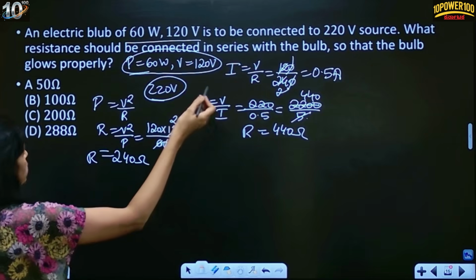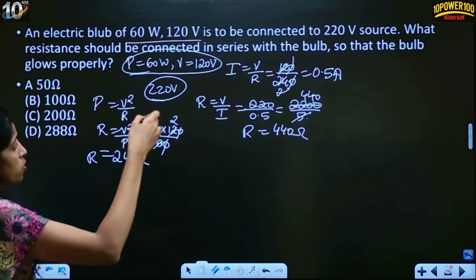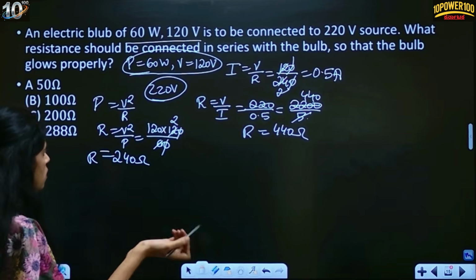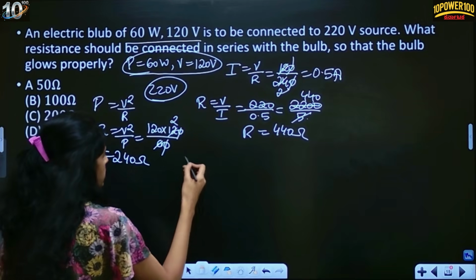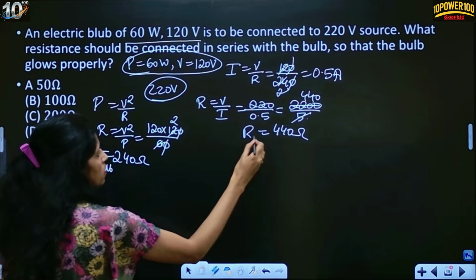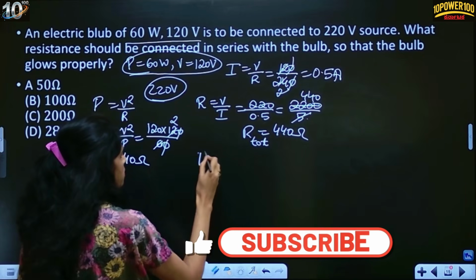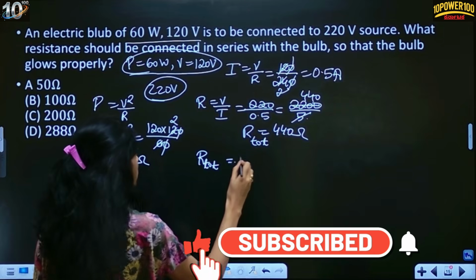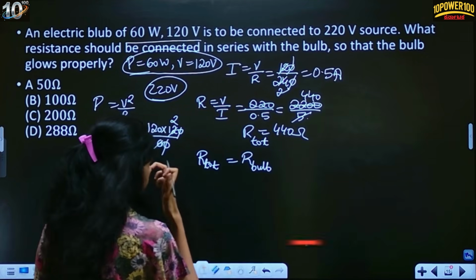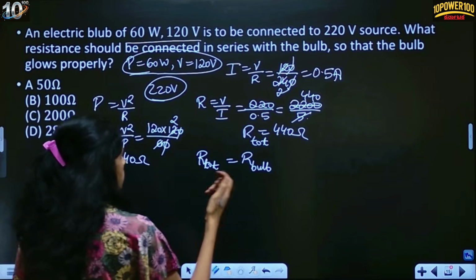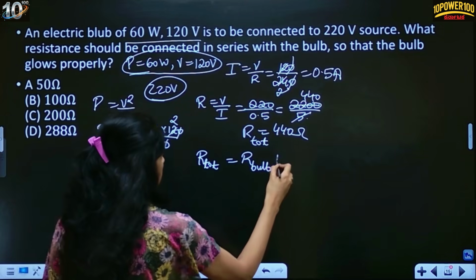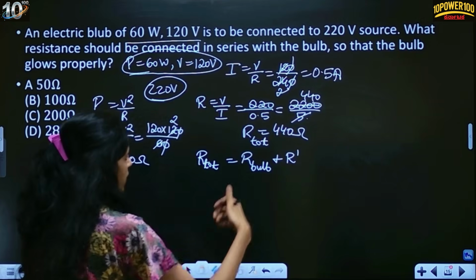Now, what should be the resistance connected in series with the bulb so that the bulb glows properly? So you can just take like this, this is the resistance of the bulb, this is the total resistance, right? So total resistance equals resistance of the bulb plus the resistance which has to be connected in series.